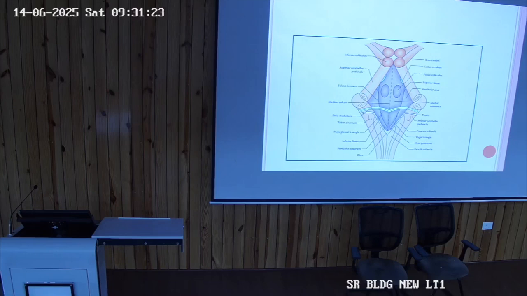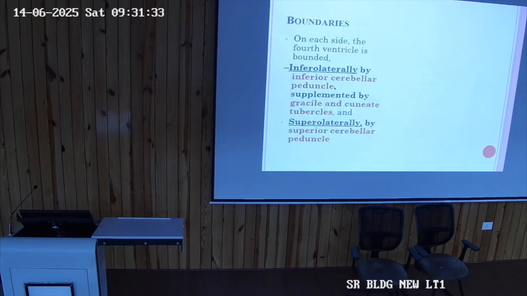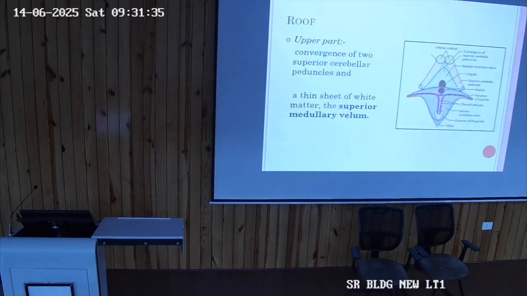So if somebody asks, you can tell. Then these are the nuclei, the sulcus limitans. So these all are the features in the floor of the fourth ventricle. Now I'll come.